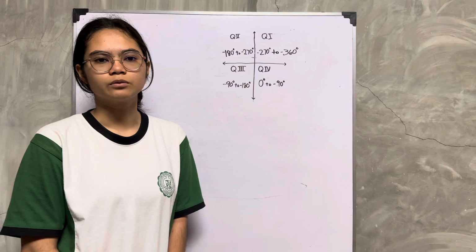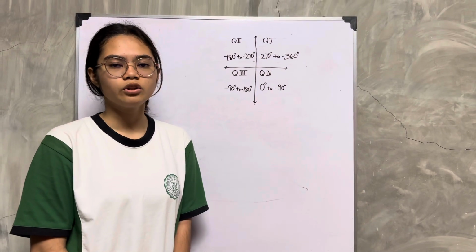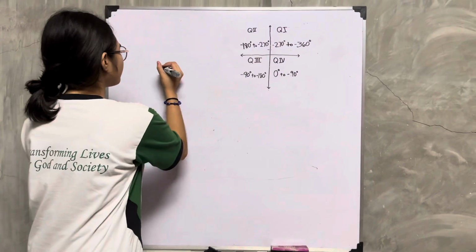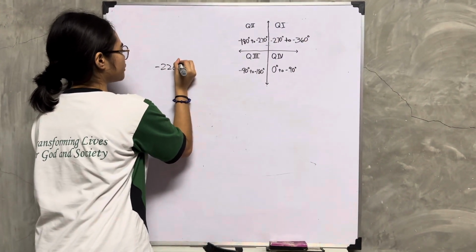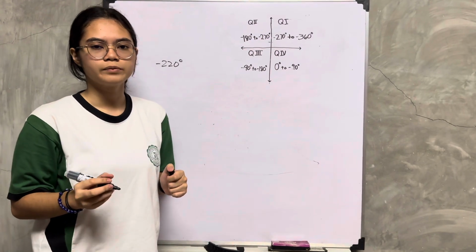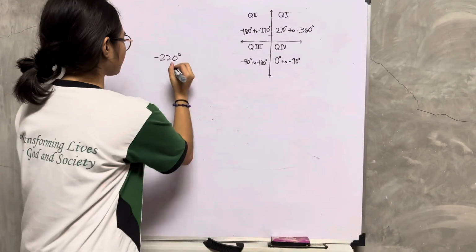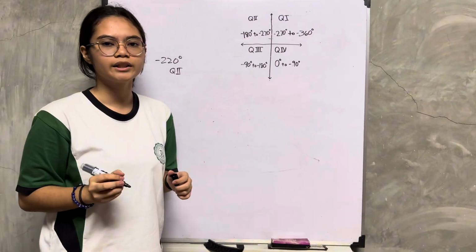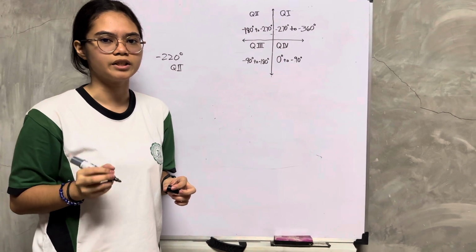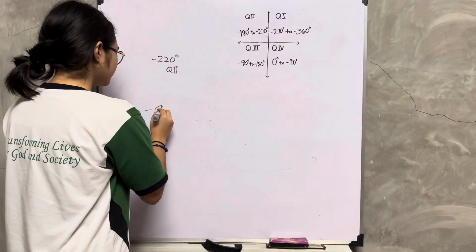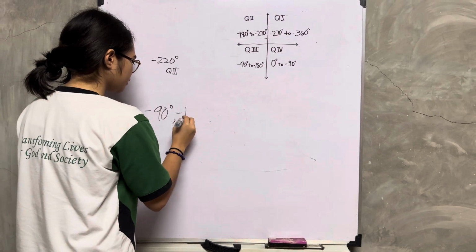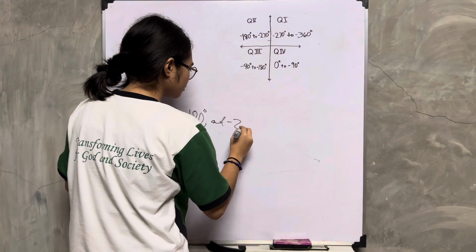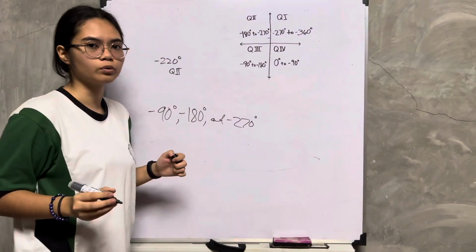To determine the quadrant where the angle belongs, you need to keep in mind the ranges of each quadrant. For example, negative 220 degrees. This angle obviously belongs to quadrant 2 because quadrant 2 ranges from negative 180 degrees to negative 270 degrees, whereas negative 90 degrees, negative 180 degrees, and negative 270 degrees have two quadrants.